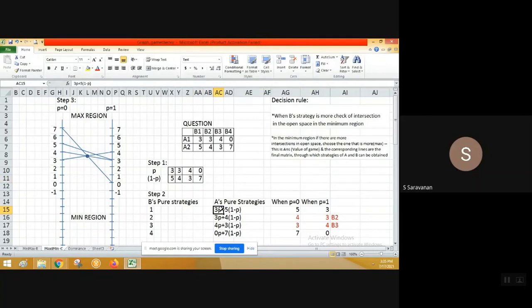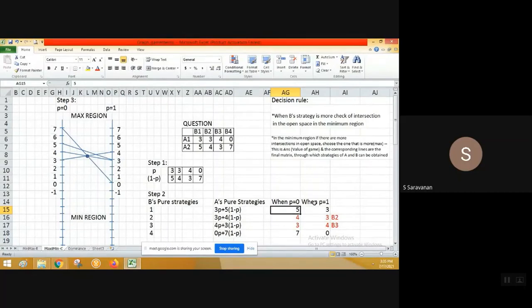In the equations, substitute P equal to 0 and P equal to 1. When P equals 0, all the first terms, 3P, 3P, 4P, 0P, become 0, and since 1 minus P is 1, you get 5, 4, 3 and 7.